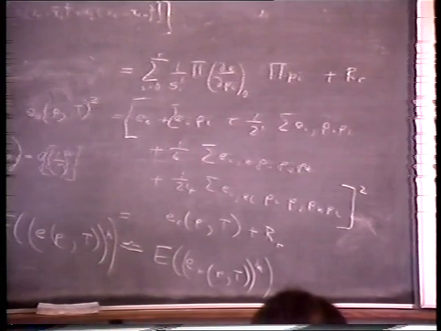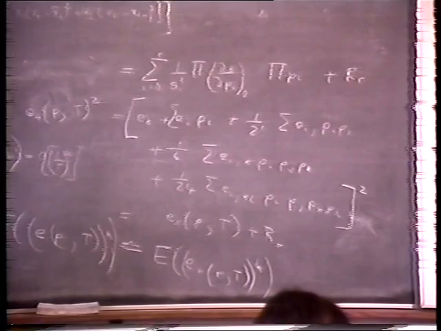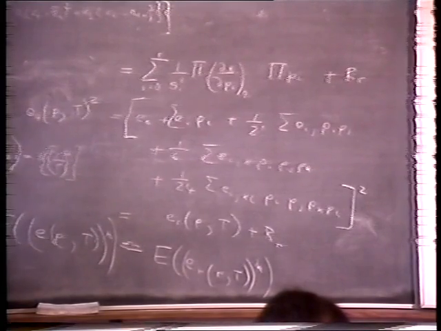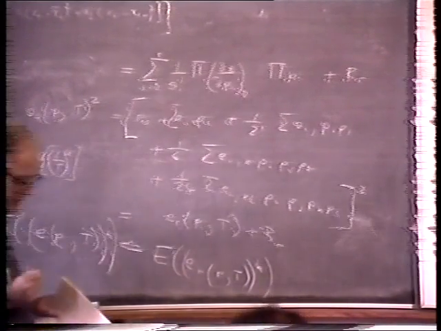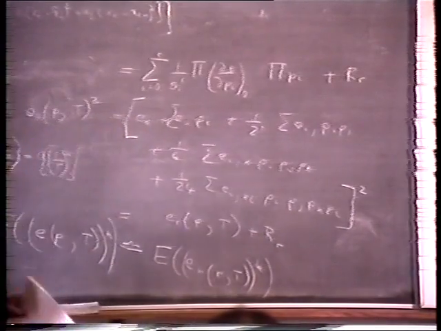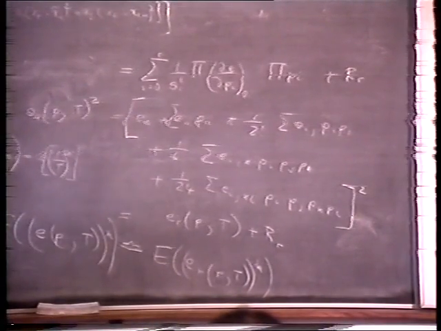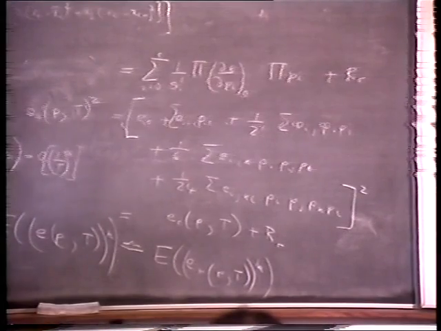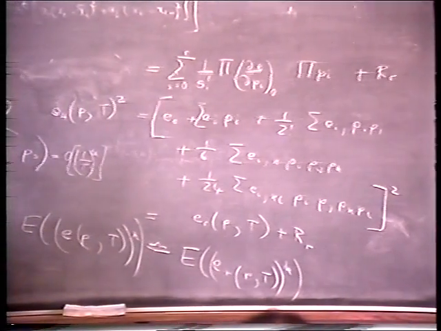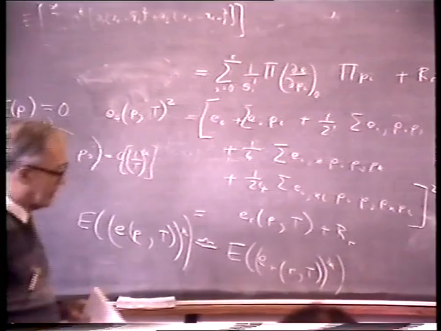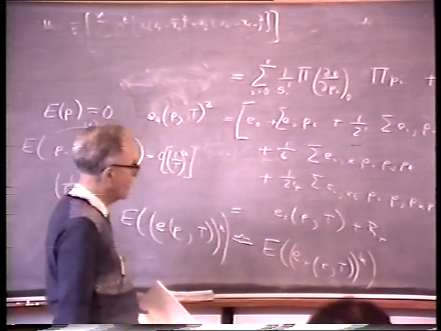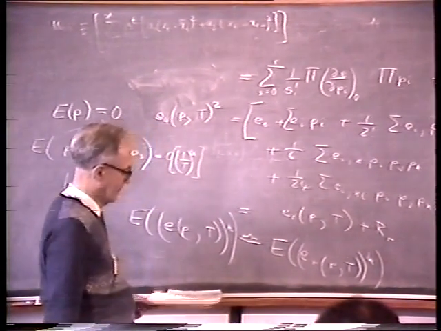So you wouldn't need to include that term in the Nagar expansion for the second moment. You'd only retain terms up to t to the minus 2. So a lot of these terms in the square would not be included in the summation for the square and would not be included in the Nagar expansion.